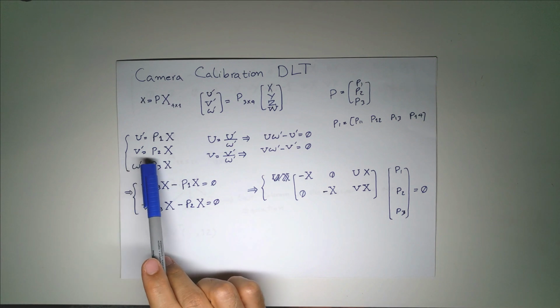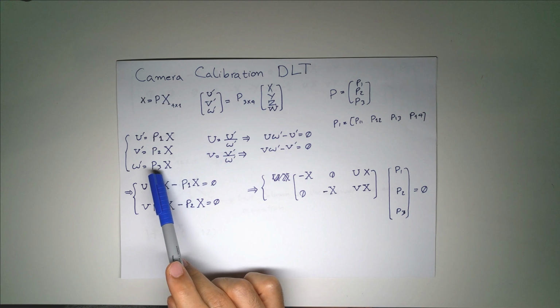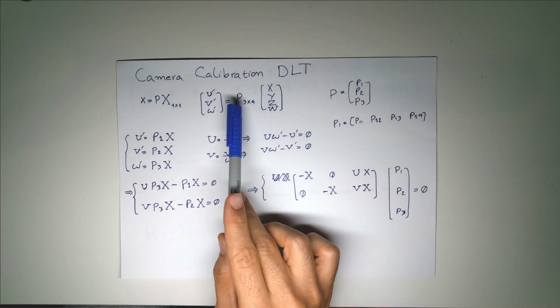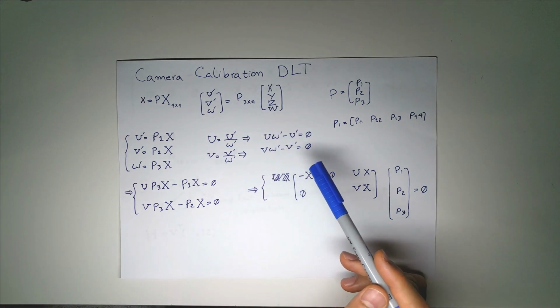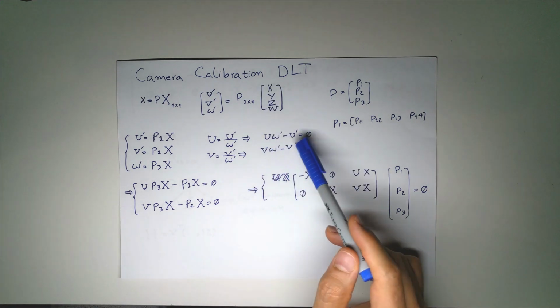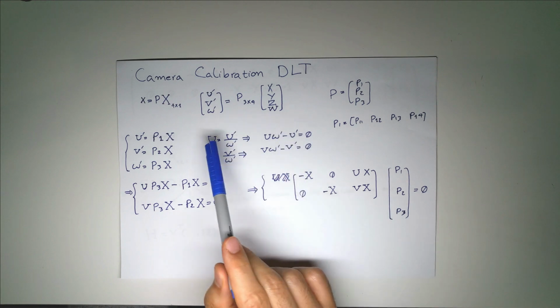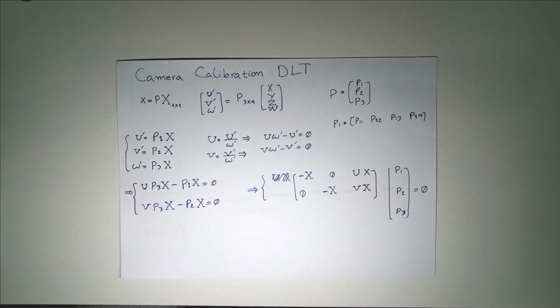V prime is equal to P2 multiplied by this vector, and W prime is equal to this matrix's third row multiplied by this vector. So just by writing them and multiplying them by this, I can get U multiplied by W prime minus U prime equal to 0, same for the V.